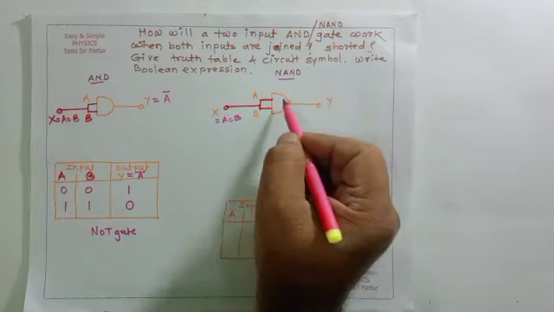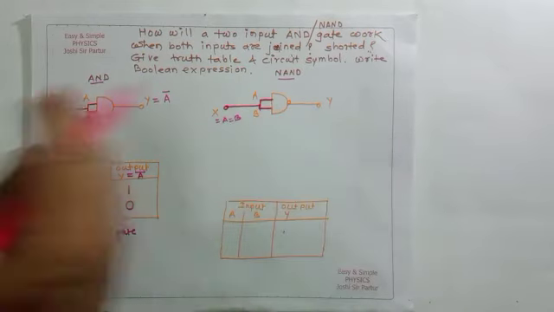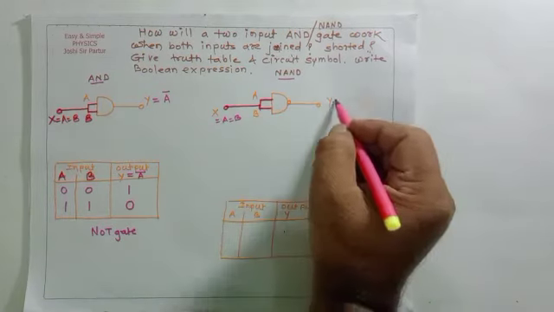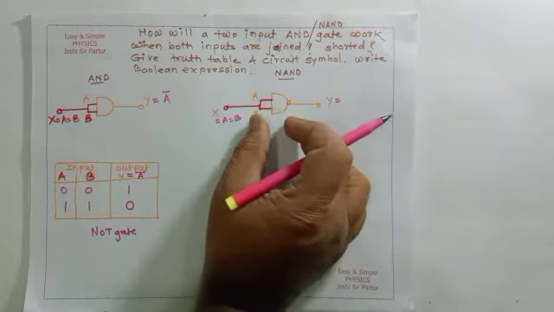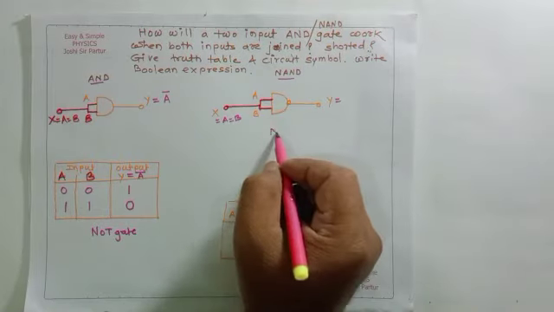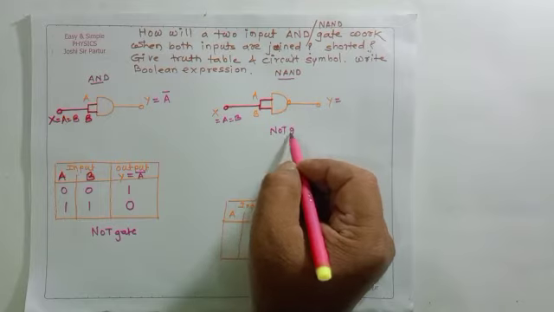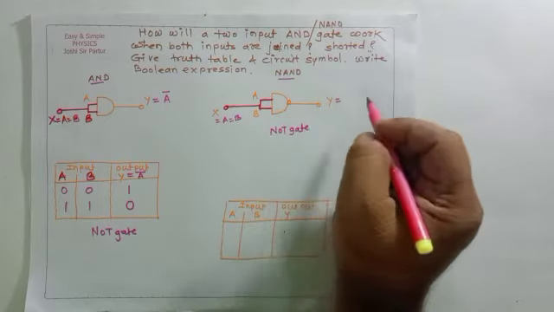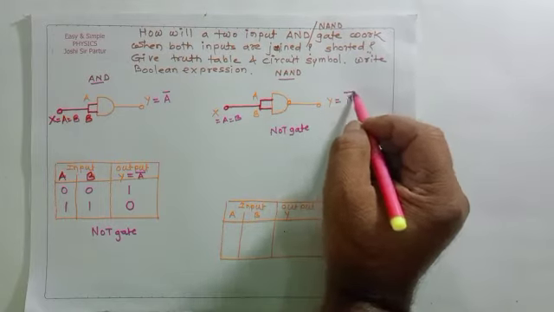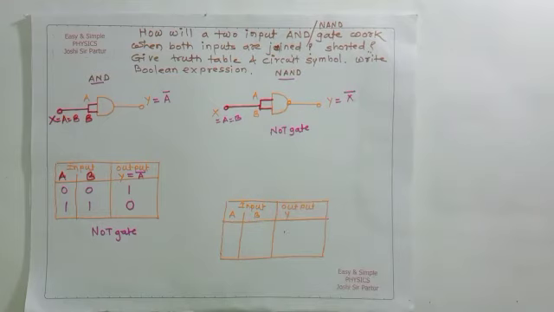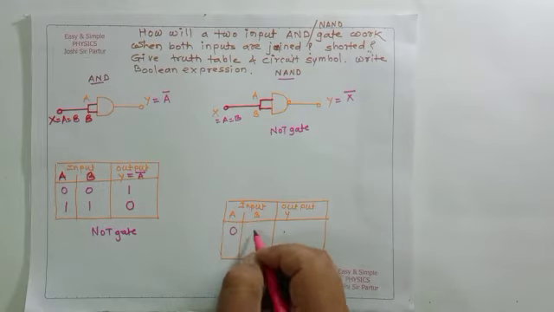When they are shorted, this NAND gate becomes a NOT gate, and so the output is complement of X. So here complement of X, when input A equal to 0 or B equal to 0, two possibilities are there.